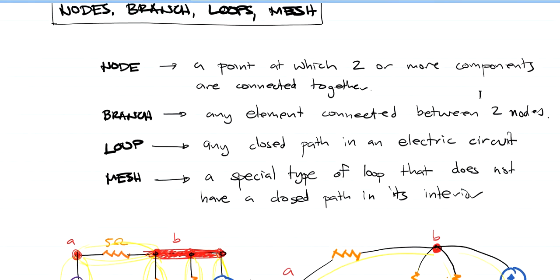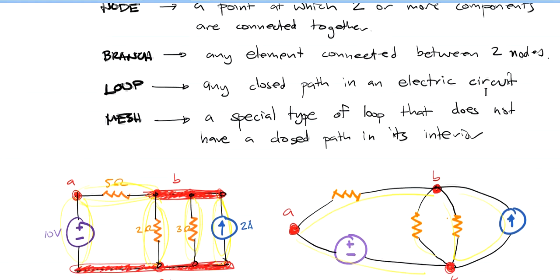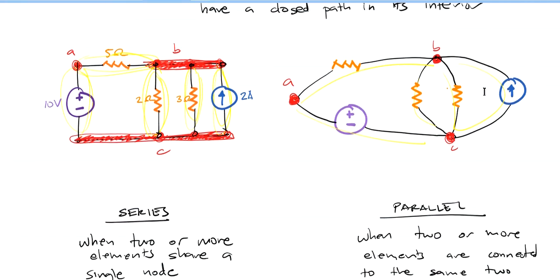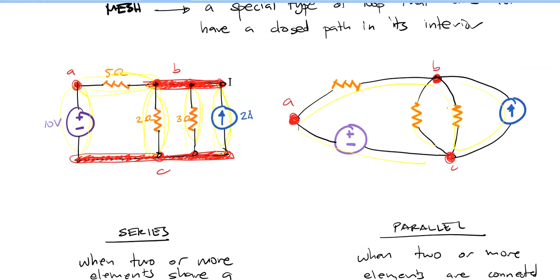Okay, next one is loop. When I say loop, it's any closed path in an electric circuit. And when I say closed path, that means, let's say I start from this node, and I trace a closed path, then I go back to the initial node.